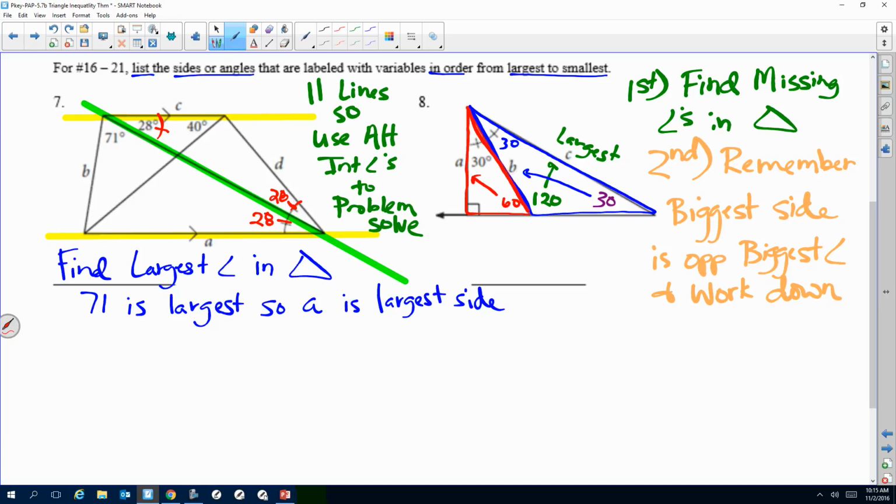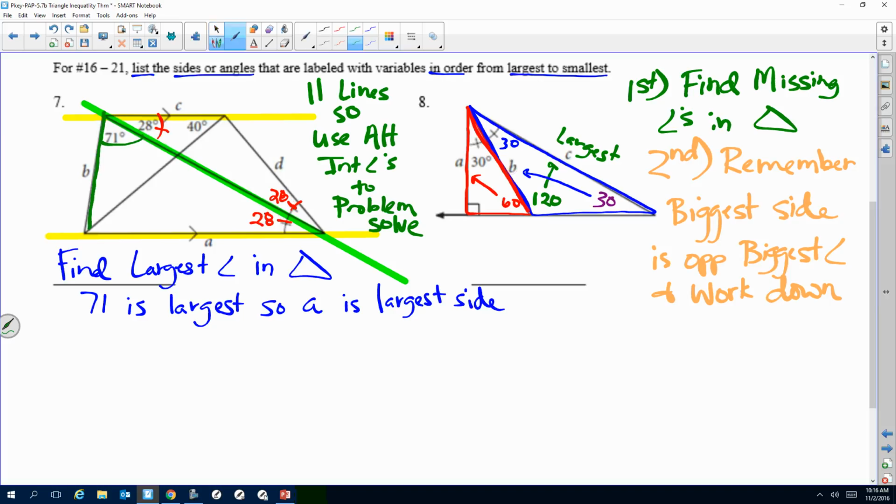Okay, remember I said we need our biggest angle? Our sides for this problem are A, B, C, and D. Now, just looking, where is the biggest angle? 71. Okay, guys, this works with triangles. Here's my 71.